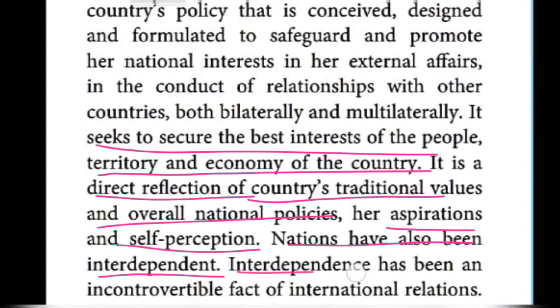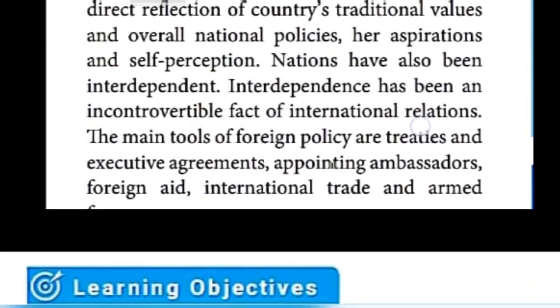So interdependence has been incontrovertible. What does incontrovertible mean? Unavoidable. Interdependence has been an incontrovertible, unavoidable fact of international relations.